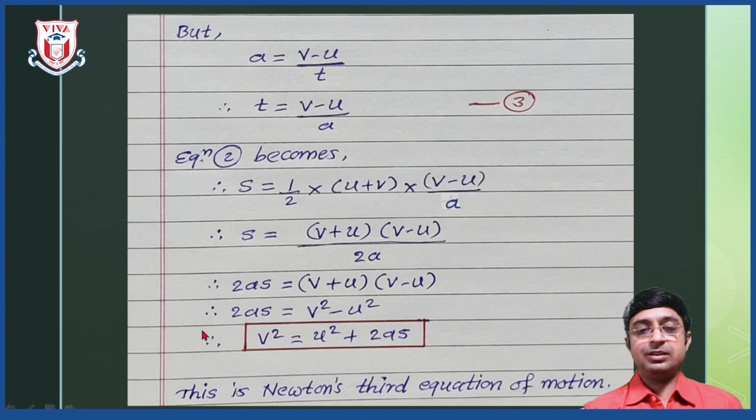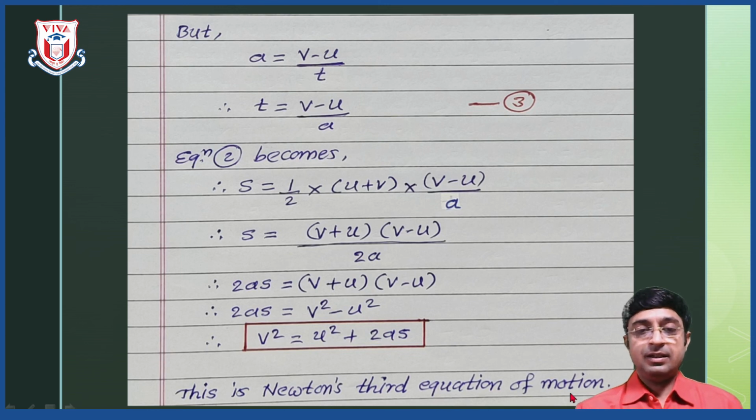The same terms are here. So v plus u multiplied by v minus u means nothing but v square minus u square. So we rearrange the terms, taking minus u square on the left hand side. So we are getting the answer v square equal to u square plus 2as. So this is Newton's third equation of motion.